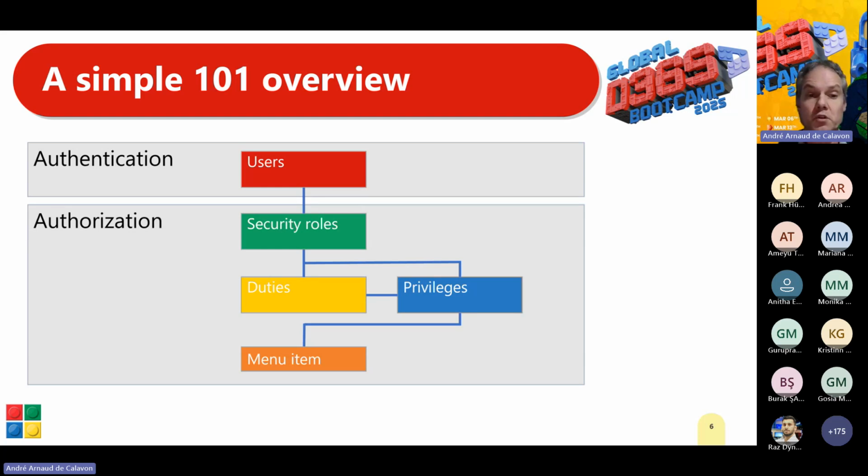That's because the system has a concept called segregation of duties, which is managed on duty level. In case you bypass that duty process and link all kinds of privileges to security roles directly, then segregation of duties is not able to do its task in a normal way. So this is a simple overview of the security architecture.